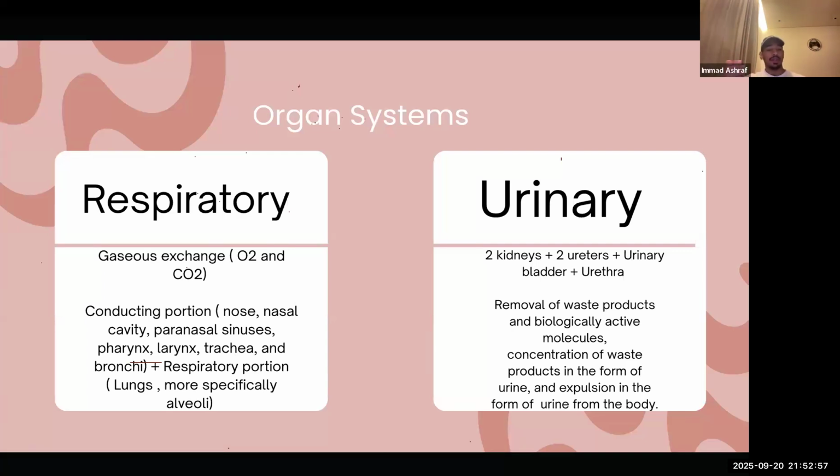And what does this mean? This means that these conduct the air down to the respiratory portion. There is no air exchange going on in the conductive portion. The only job of the conductive portion is to get the air to the respiratory portion. The respiratory portion is the lungs, and if you want to be more specific, the alveoli. The alveoli are the building blocks of the lungs. It's basically where all the exchange happens, and that's why it's called the respiratory portion.